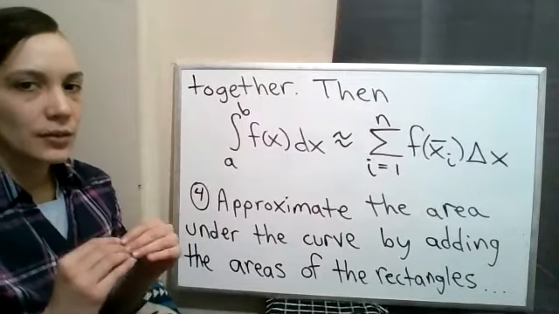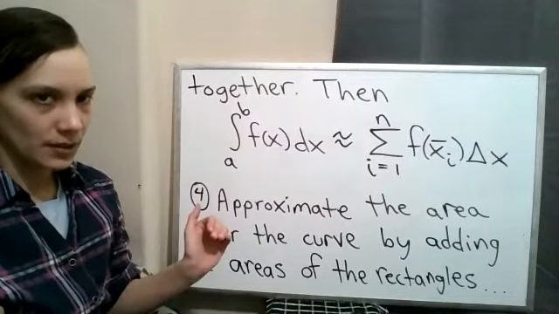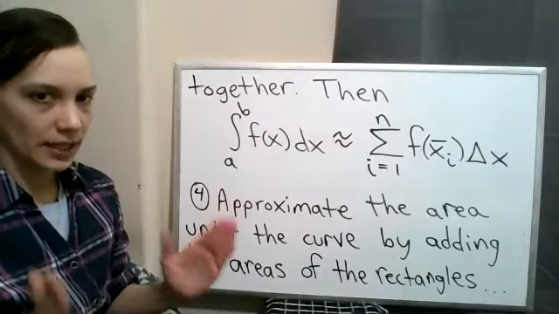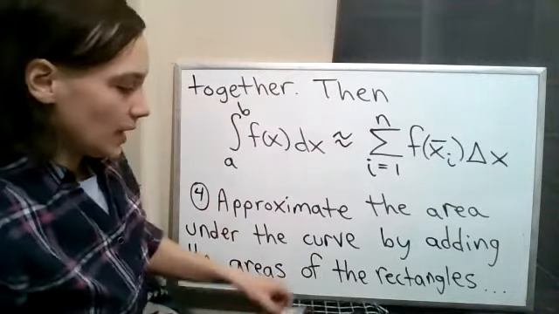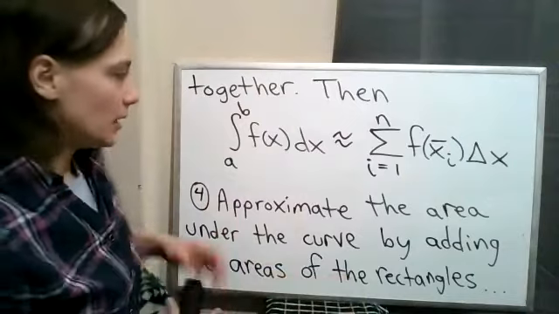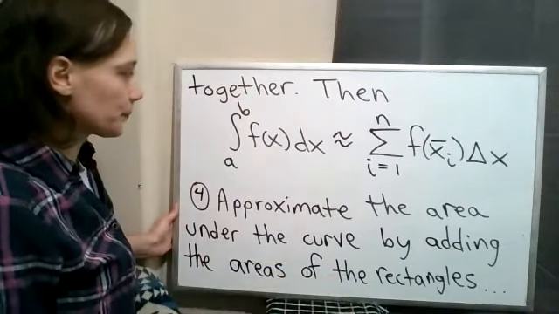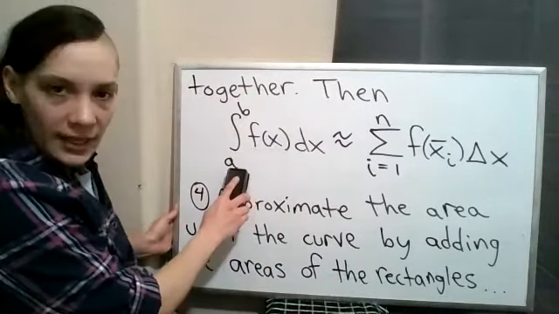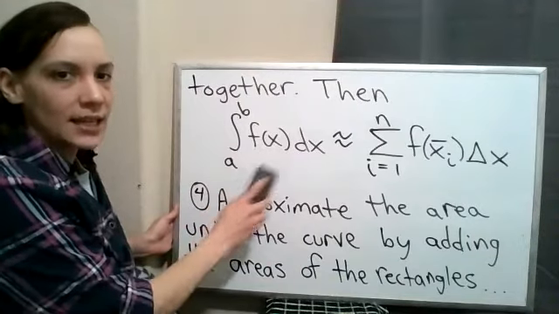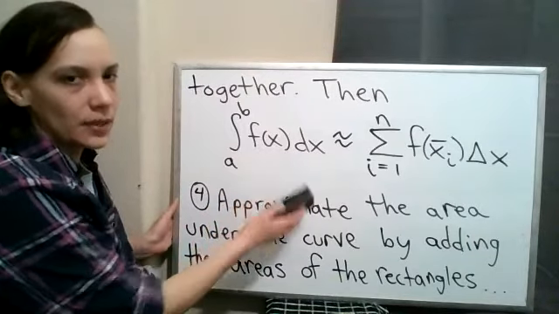So as you increase the number of rectangles, you get closer to the actual area under the curve. And then we can define a definite integral as a limit of a sum.